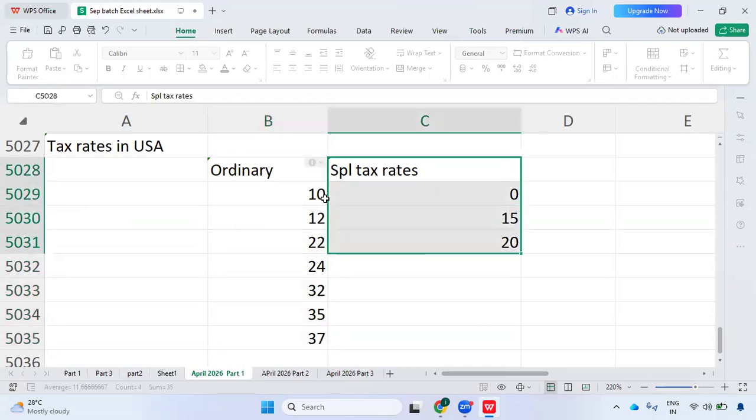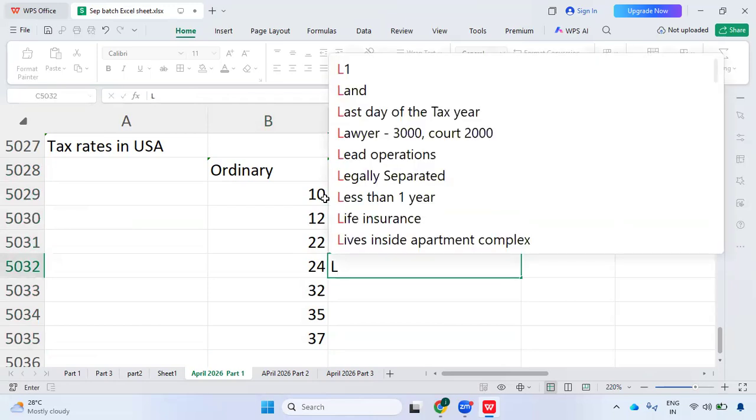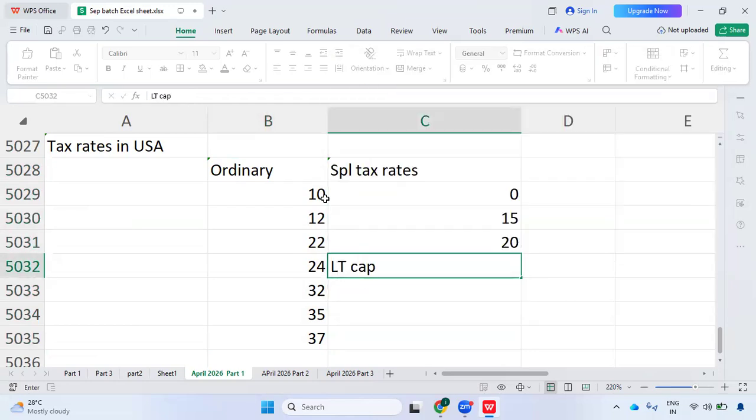These special tax rates are applicable for long-term capital gains, and we have also seen them in the case of interest and dividends. Anyone remember which dividends get special rates? Qualified dividends.